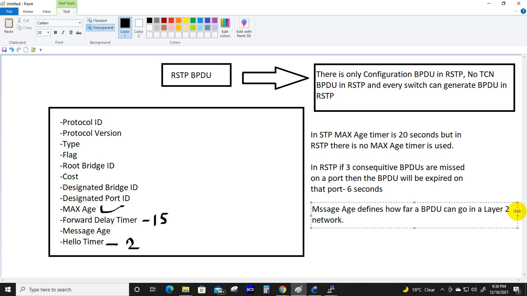It is almost equivalent, or you can say similar, to TTL in the IP header field. The default value of message age is 7.